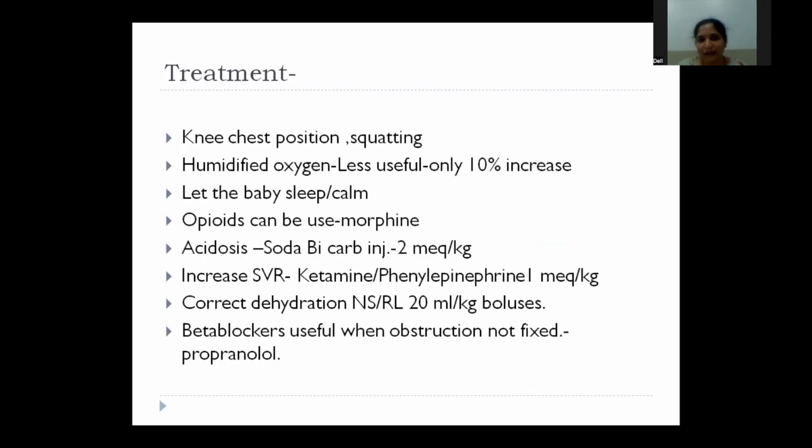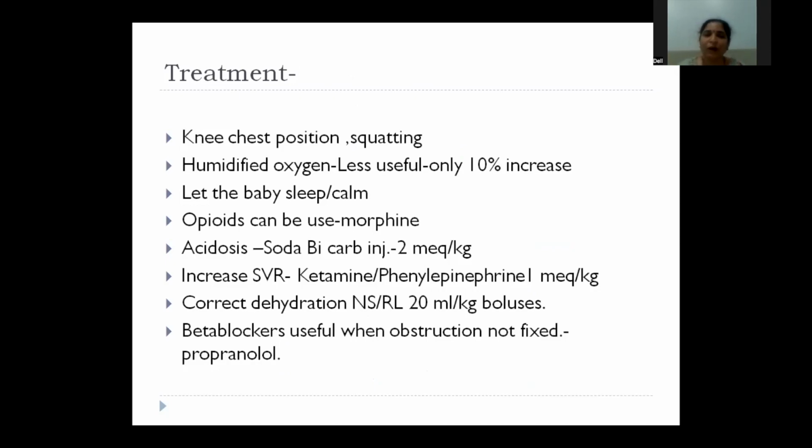So treatment, as I told, knee-chest position or squatting position. We can give 100% oxygen, but as there is a structural problem in oxygenation, it will have a lesser role, but still some 5 to 10% saturation can be increased after giving humidified oxygen.